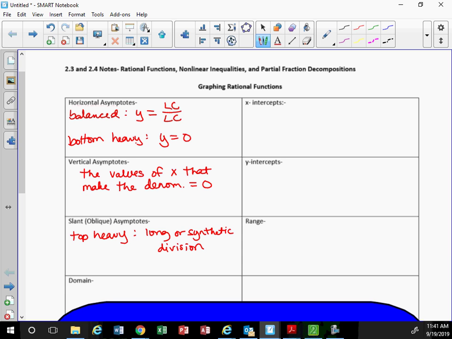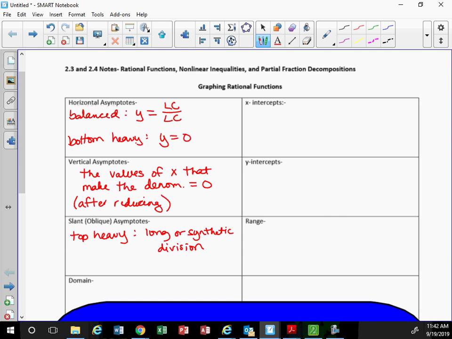And I'll abbreviate a lot. And guys, realize this is after reducing, okay? I'm not going to fill in domain and range right now. We'll look at those when we actually do the graphs.